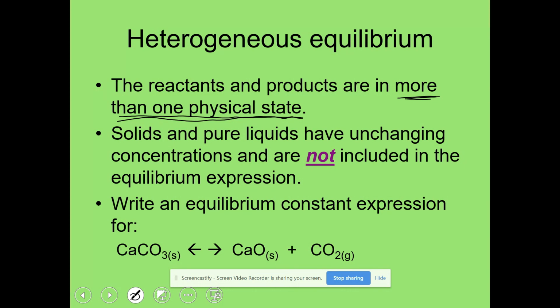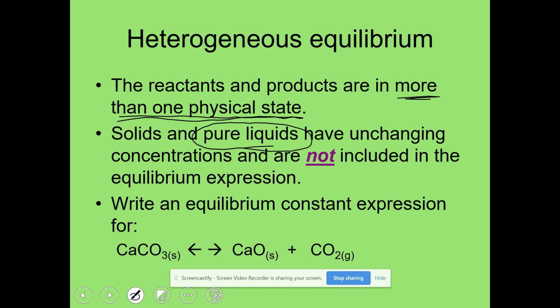So it's a constant, so it kind of gets lumped in with the other constant, the K value, in the equation. Pure liquids also have set densities, and they can be affected by temperature. But remember, the law of chemical equilibrium said at a set temperature. So density is not going to change if the temperature doesn't change.